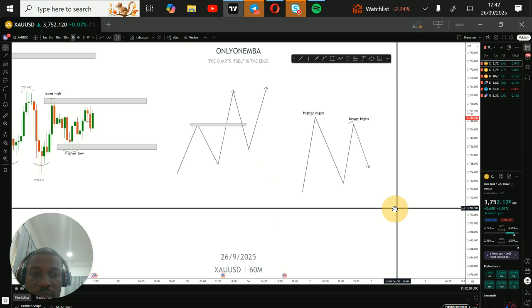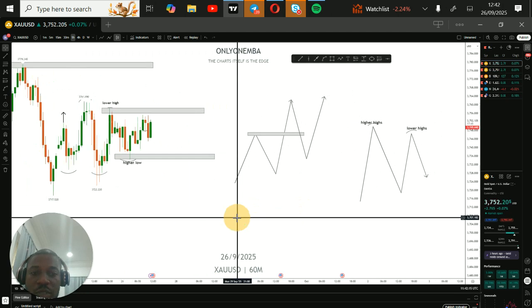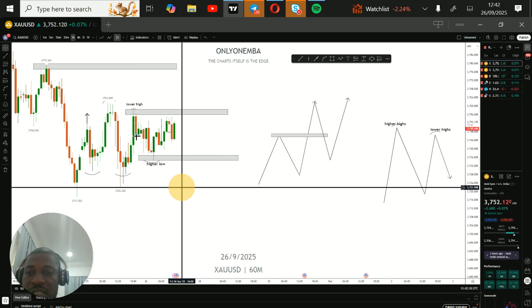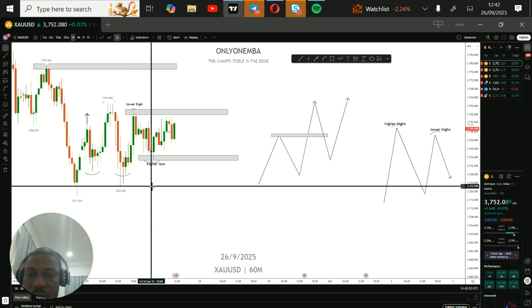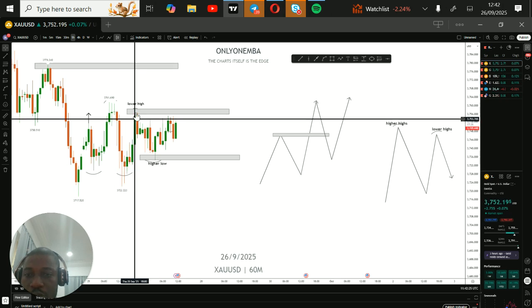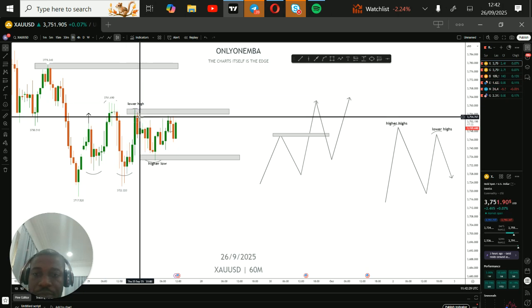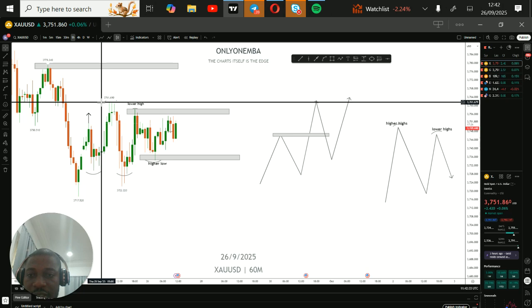So right now, this is exactly what is currently on this market. Let's pay attention to this chart. After price made these highs, there was a higher low, right? And then price made a push. Then you notice a lower high presented itself, because it is lower than the previous highs.